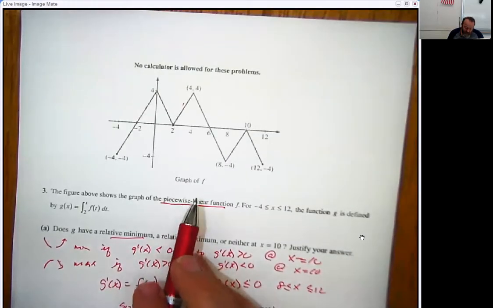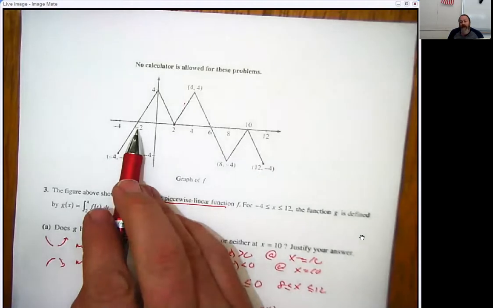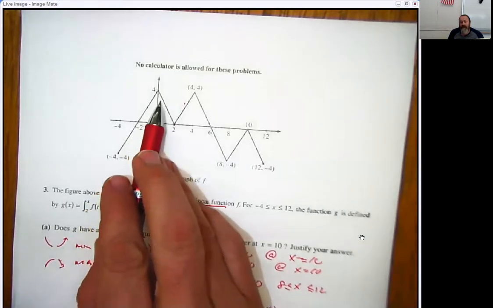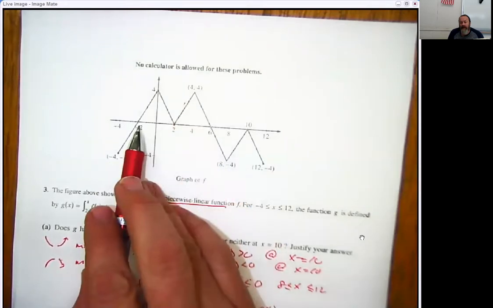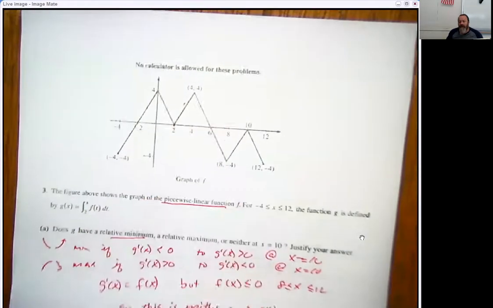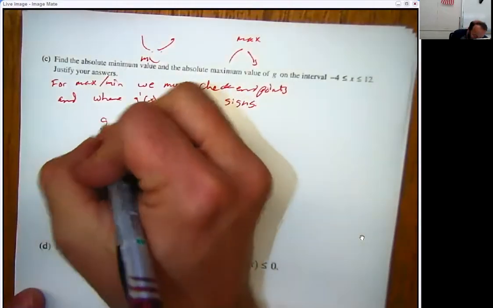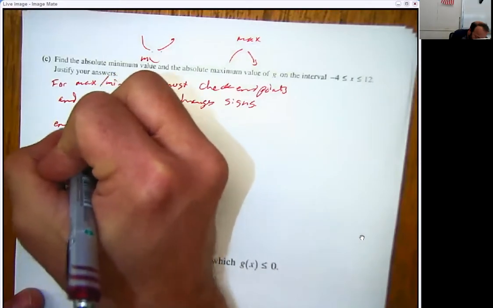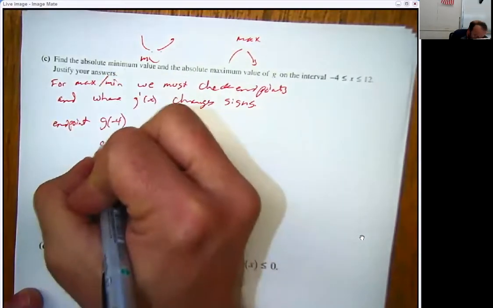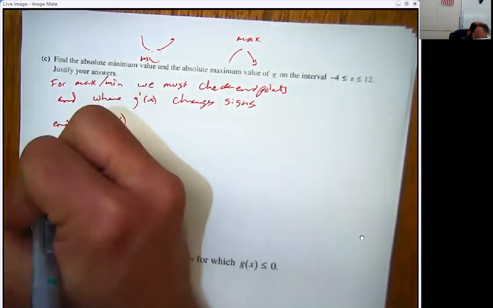Well, we know where, because g prime is f, and f changes signs at -2 and 6. So our candidates are g of -4, because that's an endpoint, and we need to look at g of -2, because g prime changes signs.